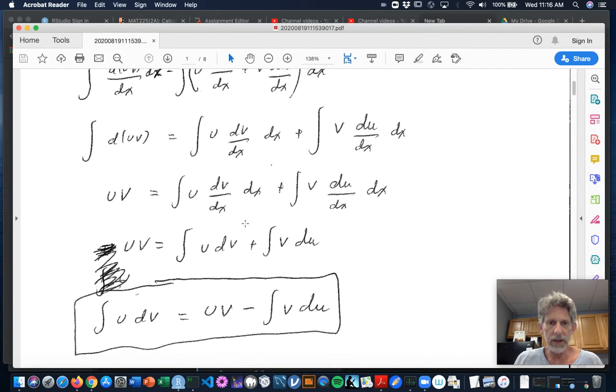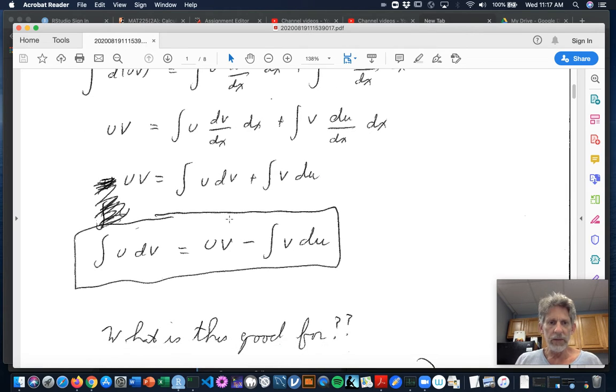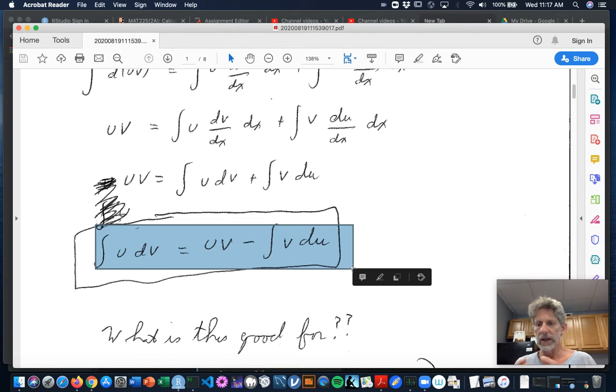But in the next step, I'm going to again pretend that those little dx's are tiny numbers that I can cancel in a fraction. And I get the antiderivative of u dv, antiderivative of v du. And I'm going to solve this for the antiderivative of u dv, getting this little formula here, which I can pronounce: integral of u dv is uv minus integral of v du.